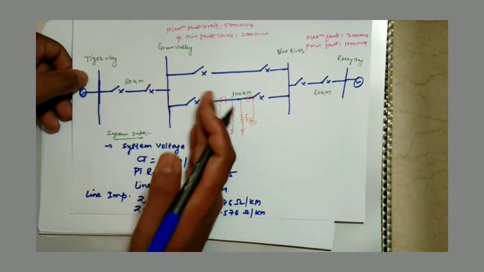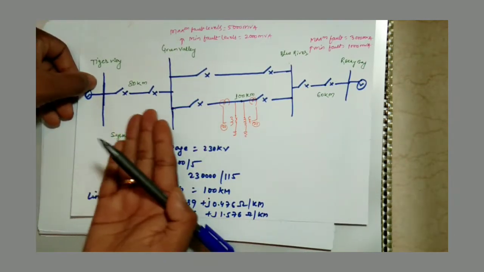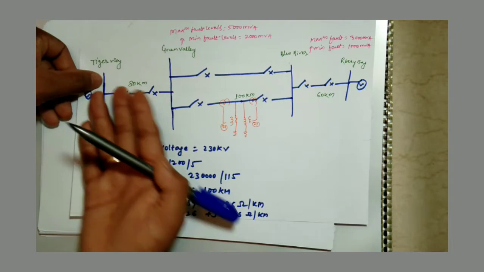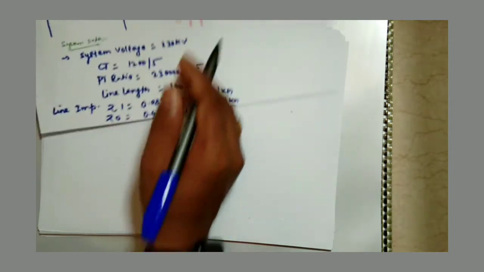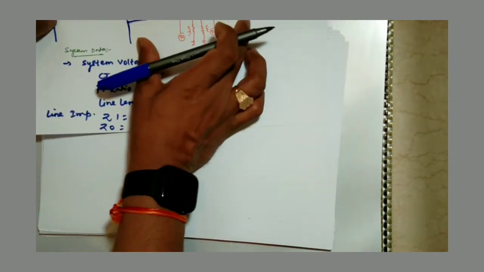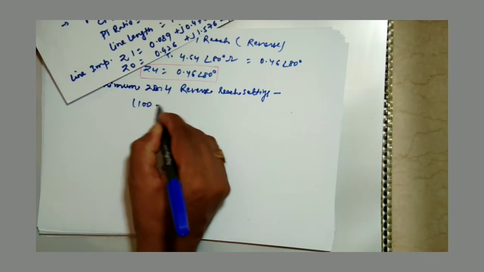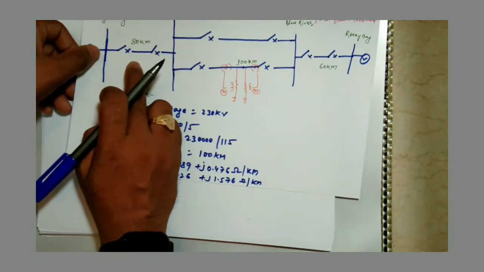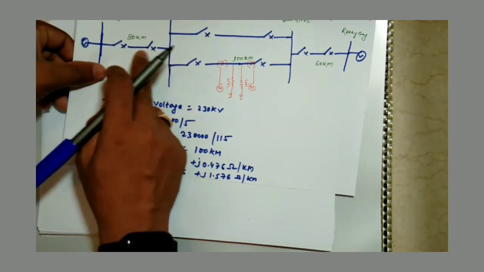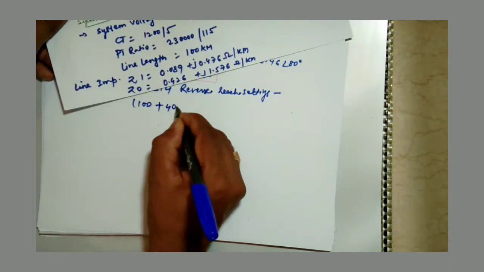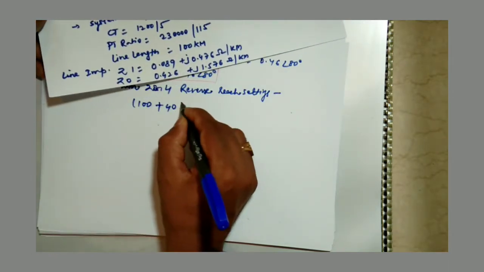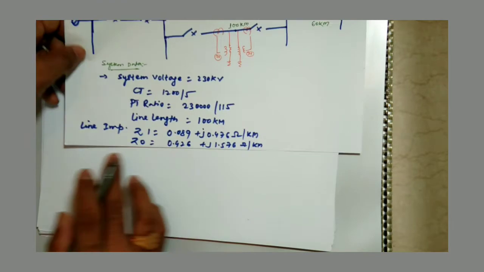Since we have a line before Green Valley, that is Tiger Valley, in the reverse zone they will protect the 100-kilometer line plus 50% of this line length, that means 80 kilometers, 50% will be 40, multiplied by the impedance.